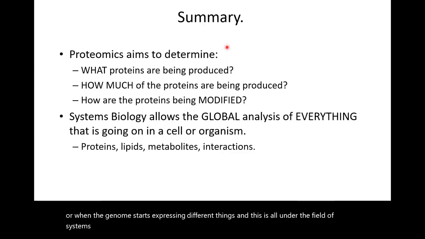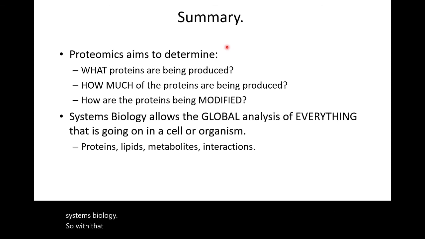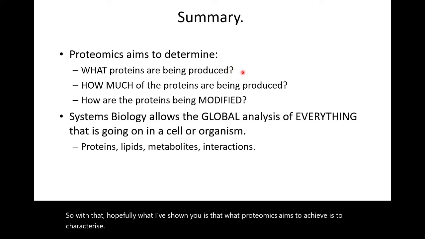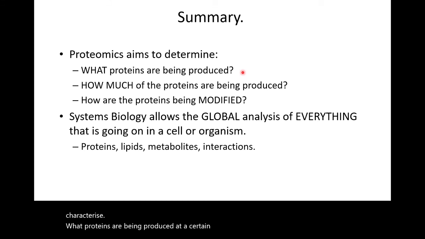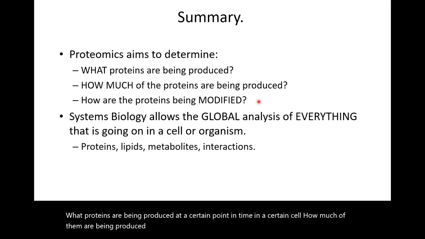So with that, hopefully what I've shown you is that what proteomics aims to achieve is to characterize what proteins are being produced at a certain point in time in a certain cell, how much of them are being produced, and how are they being modified.